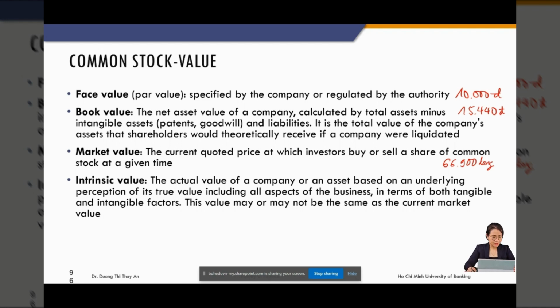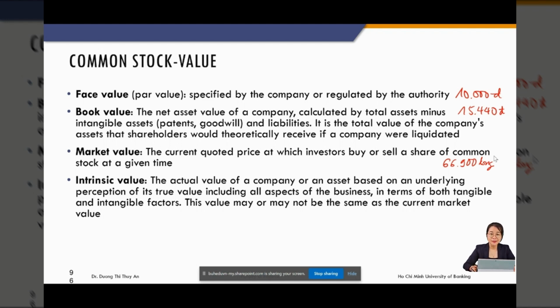To make it clear, let me ask you a question. Suppose that you have a lot of money. Based on the information I gave you for Vinamilk, face value, book value, market value, will you buy Vinamilk?